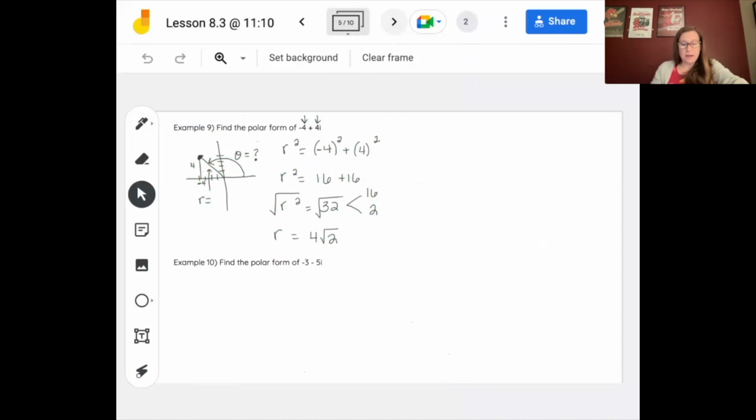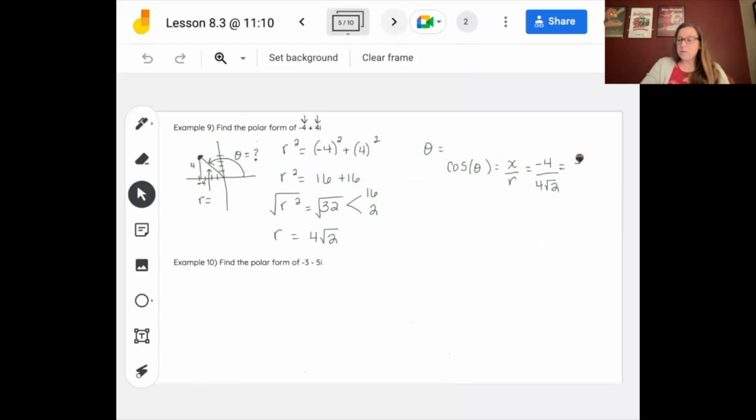We don't yet have theta. That is our next mission, to find theta. We can use sine, cosine, or tangent. We're going to use one of each in the upcoming examples so you can see what it looks like for each one. I'm going to start with using cosine. I know that cosine of theta is our x value over the radius. And in this case, our x value is the real number -4, and we just found the radius, 4 square root 2.